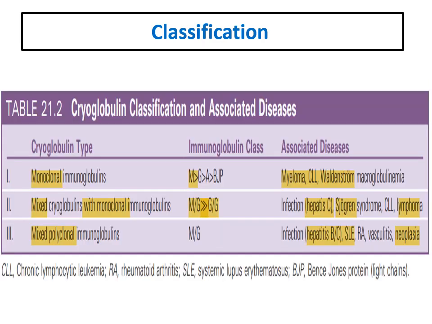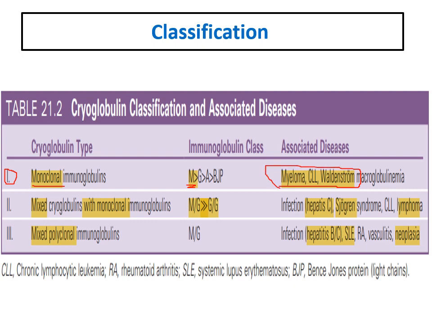This is a table showing what we said. In type 1, usually monoclonal. The most common class of immunoglobulin is IgM, followed by IgG, followed by IgA, and then free light chains. Type 1 is usually associated with hematological malignancies: myeloma, CLL, and Waldenstrom.